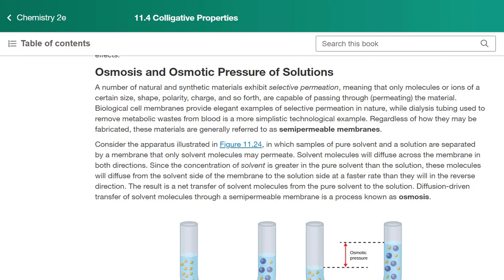We refer to these things as semi-permeable membranes. They could be natural, they could be something that is industrially produced. But they are very useful in a lot of regards. So a semi-permeable membrane allows selective permeation of some ions or molecules relative to others.